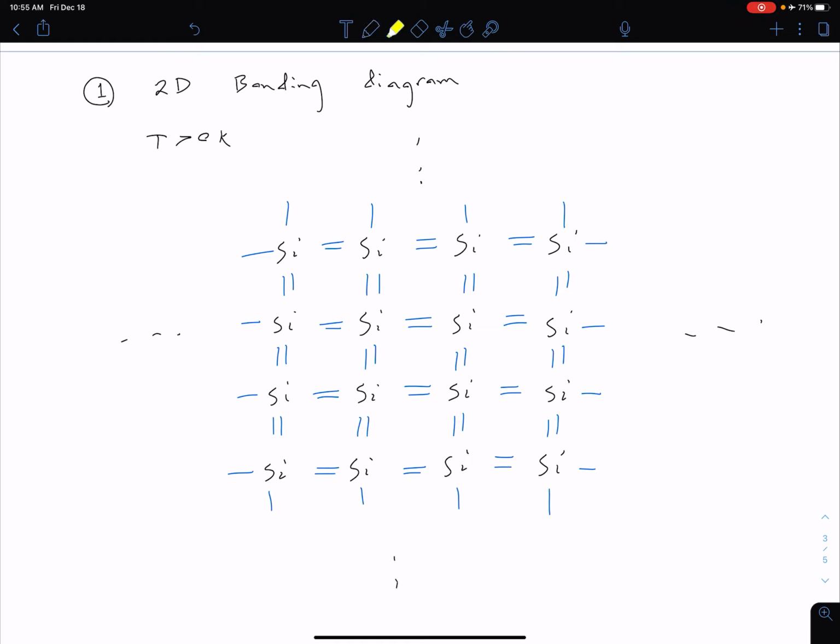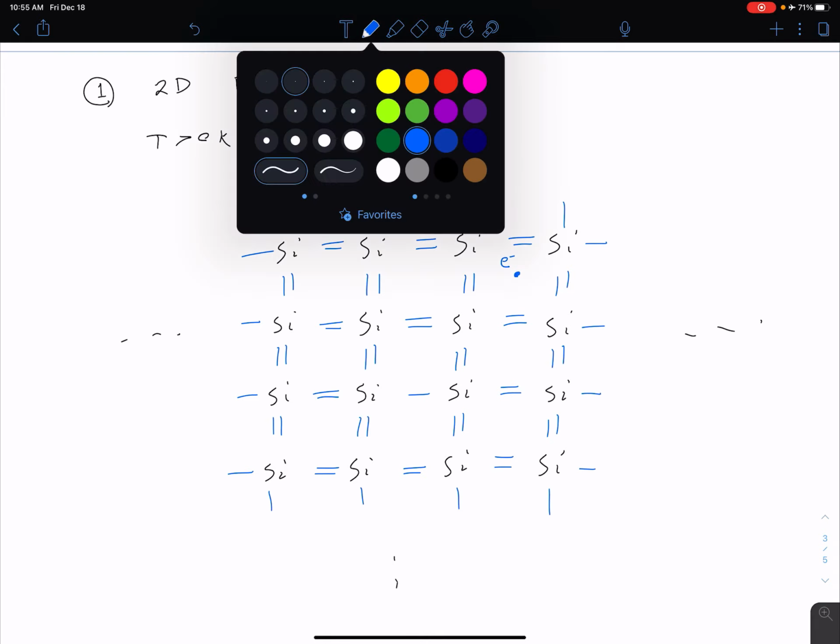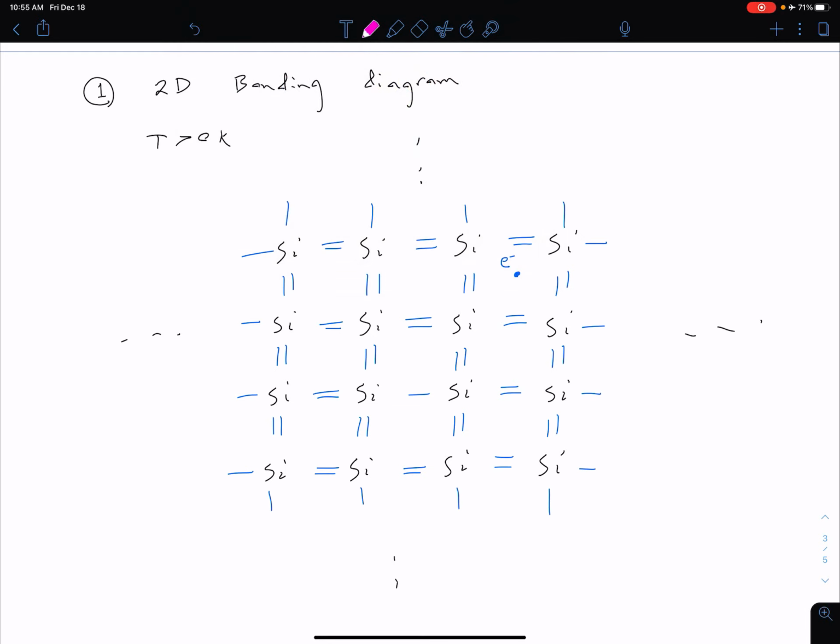So let's say, for instance, maybe this electron right here has enough energy to break away from this silicon lattice. So it's going to move from that location, and maybe it comes over here, and it's just going to be hanging out up here. So this is our electron. Let me do a different color, let's say pink. And so our electron has now jumped from here to over here.